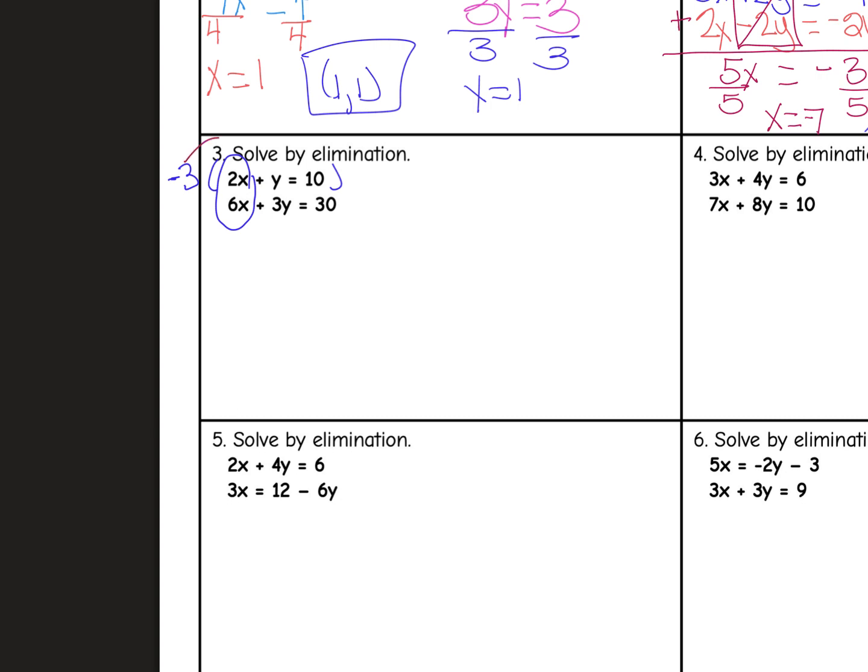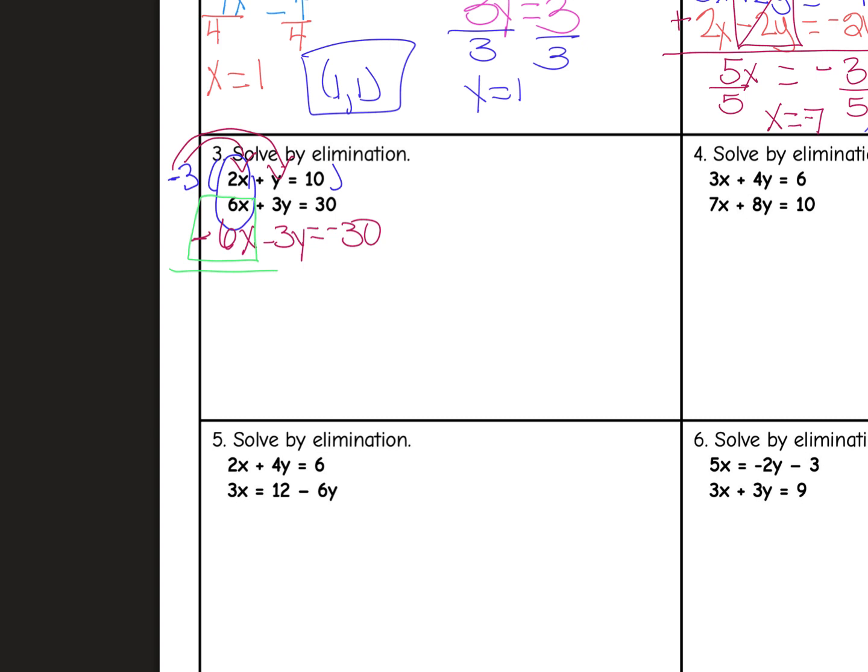I have negative 3 times 2x is negative 6x. Negative 3 times y is negative 3y. And then negative 3 times 10 is negative 30. Okay? And since I still have these stacked up, my 6 is here. I have 6x minus 6x.